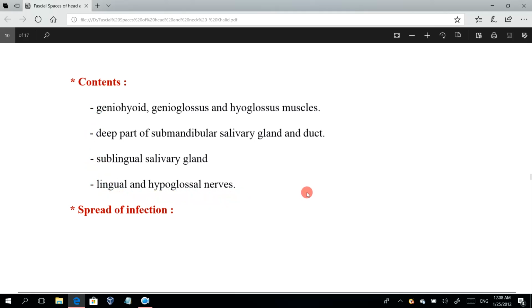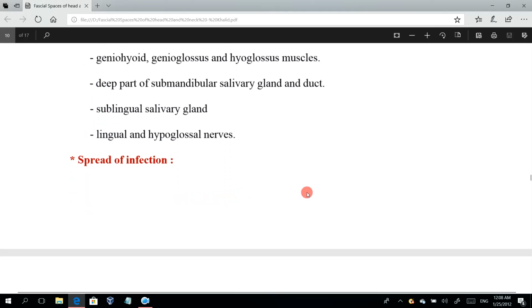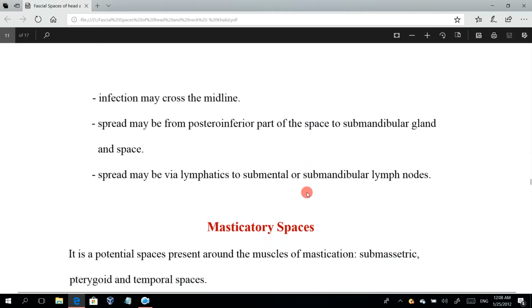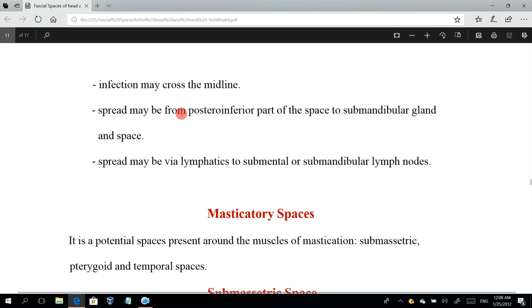Spread of infection: the infection may cross the midline. Yes, it can move to the other side. If it is on the right, it may cross the midline to the left. Spread may be from the posterior inferior part of the space to the submandibular gland and space.